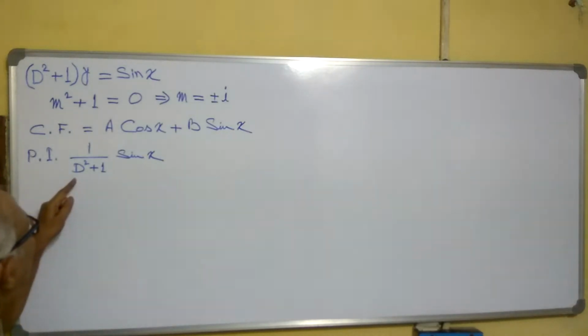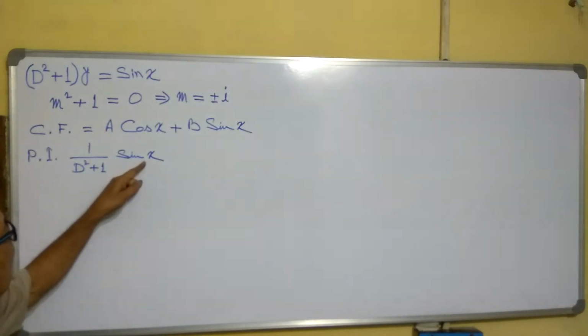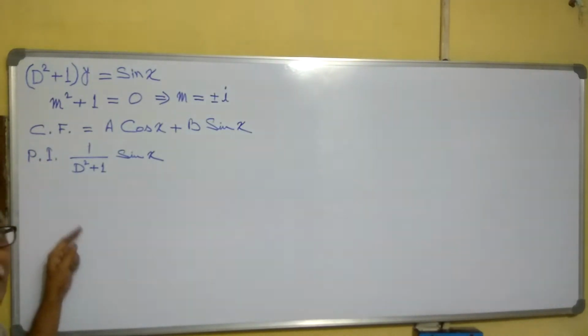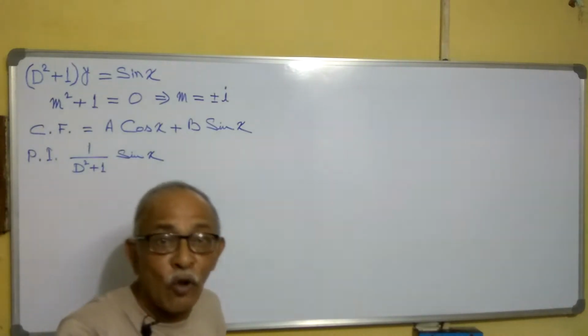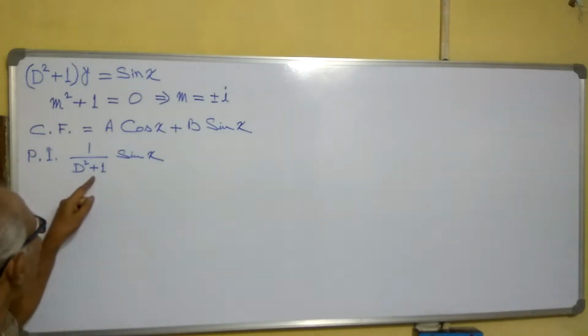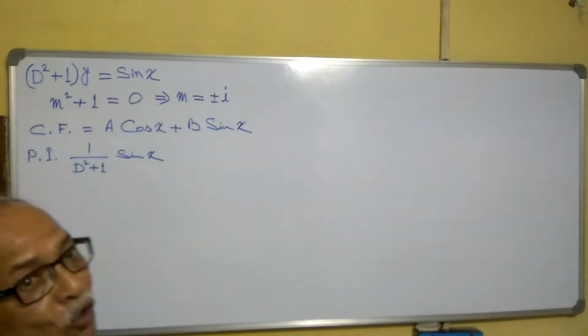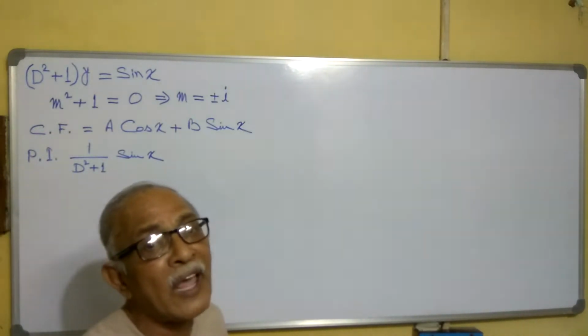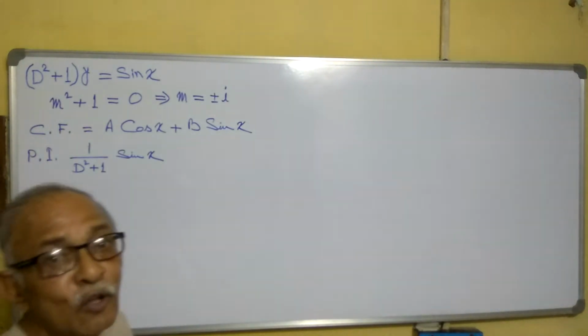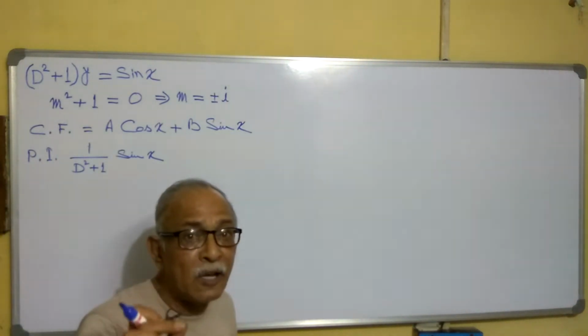Here sin ax means sin 1x, so minus 1 square, that will be minus 1. Remember, it is not minus 1 whole square, it is minus 1 square. That is minus 1 plus 1, which is 0. So we cannot apply that method. D square to minus a square we cannot apply. So we will apply a different method.